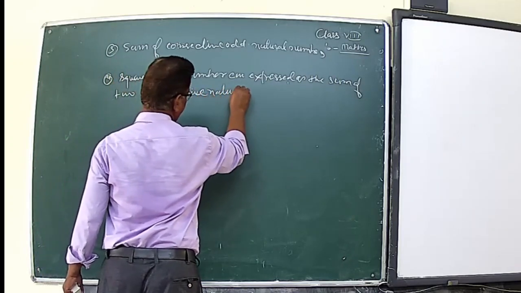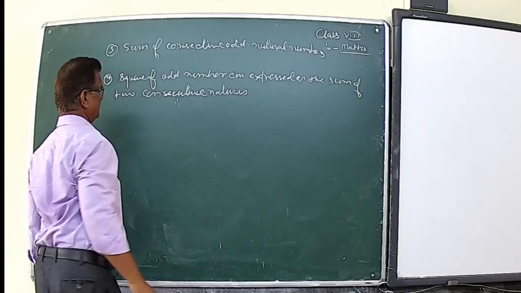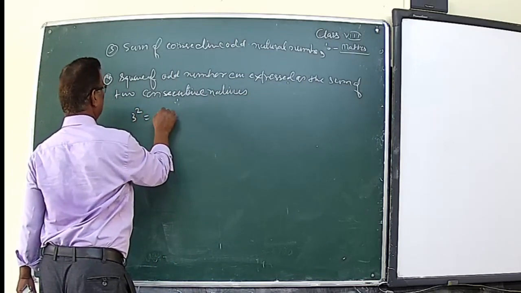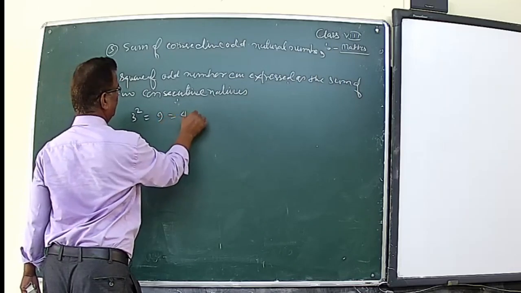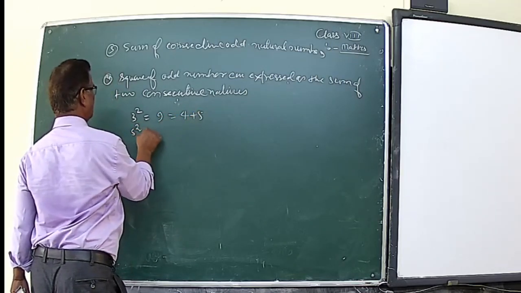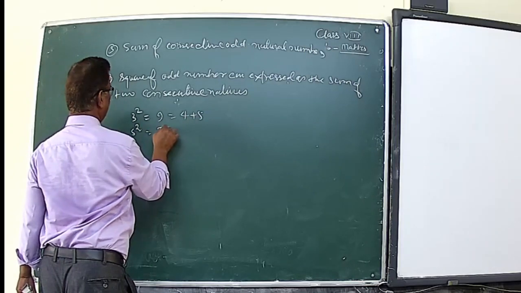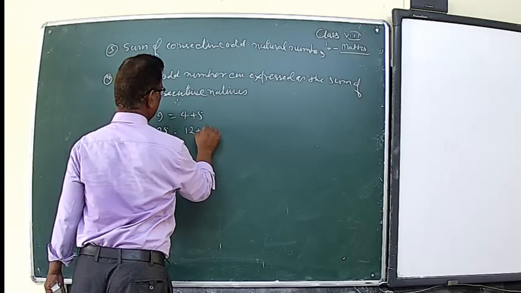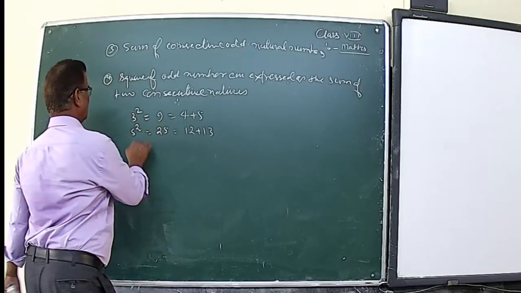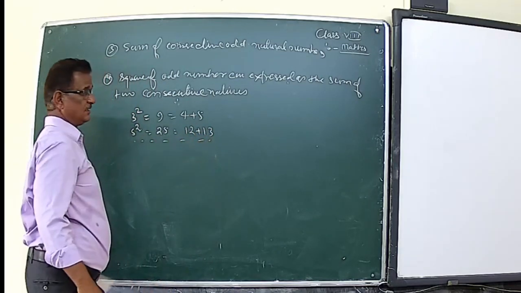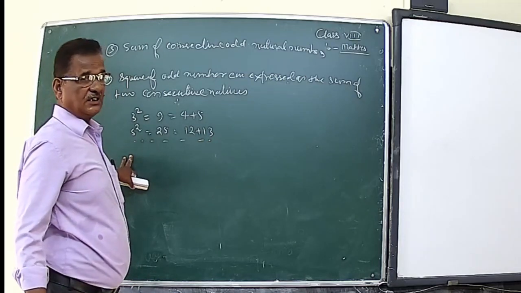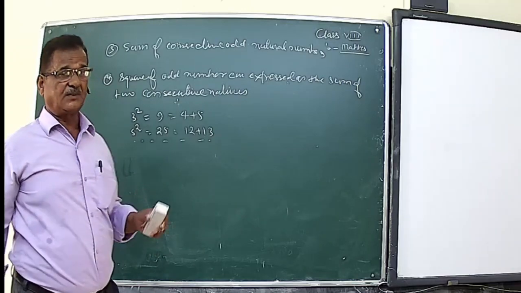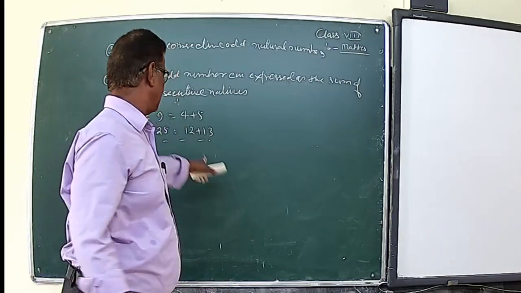For example, 3 whole squared is equal to 9, and 9 is equal to 4 plus 5. 5 whole squared is 25, and 25 is equal to 12 plus 13. Similarly, for every odd number, the square is expressed as the sum of two consecutive natural numbers.